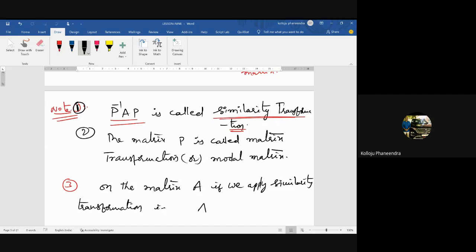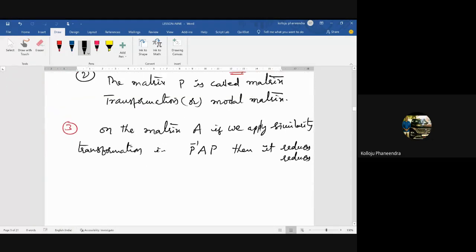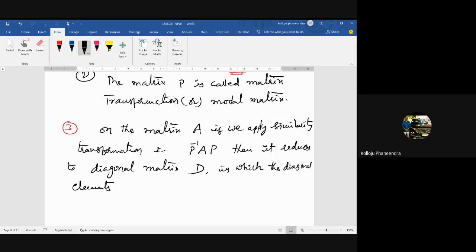That is, matrix A is post-multiplied by P and pre-multiplied by P inverse. Then it reduces to a diagonal matrix D, in which the diagonal elements are the eigenvalues of A.